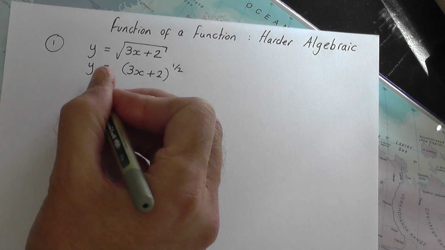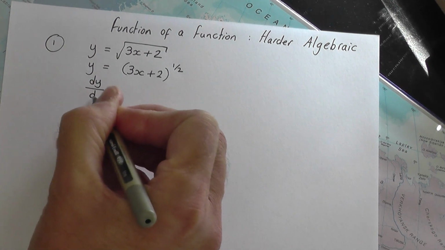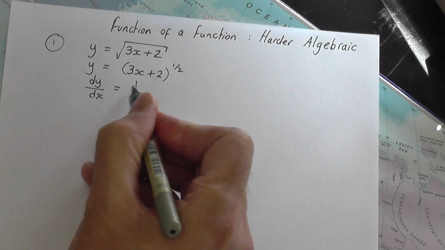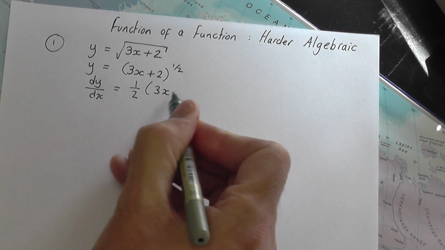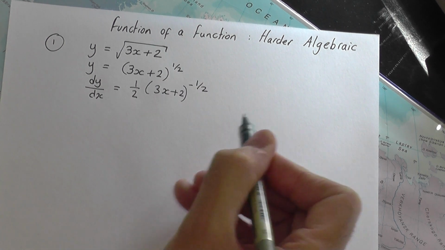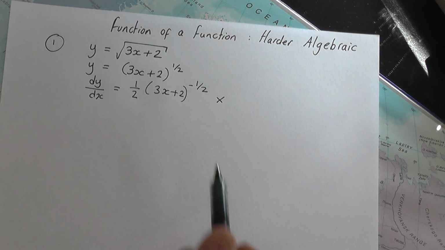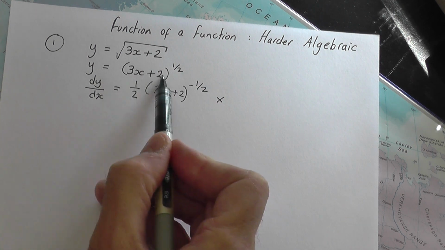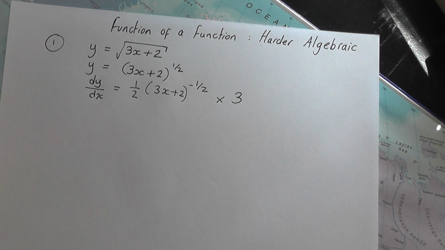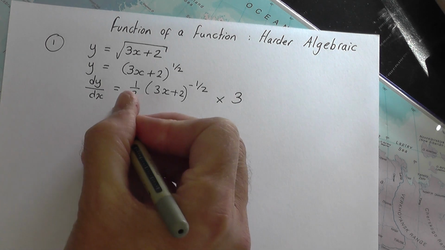We can now apply the quick method of function of a function. dy by dx: power half to the front, power goes down by 1. So if you take 1 off a half, you get negative a half. You then multiply by, you go inside the bracket, you differentiate 3x plus 2, you get 3, and you multiply by that 3. We now tidy it up.